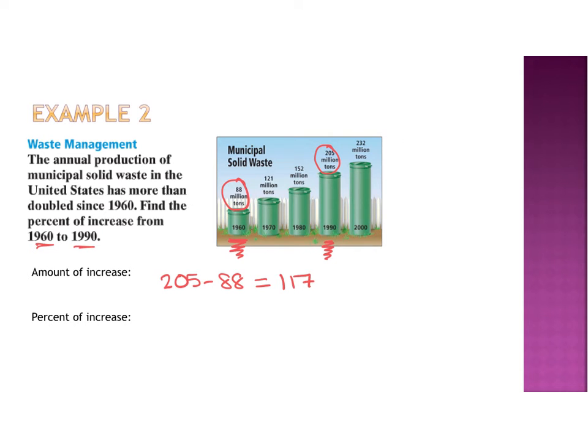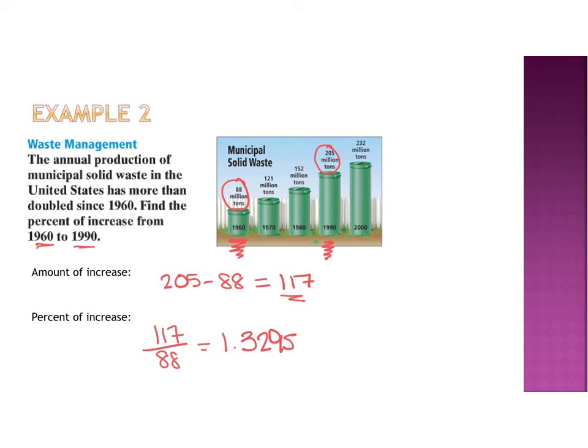Now I can calculate my percent increase. I'm going to take the amount I just calculated, which is 117, and divide that by the original amount. The original amount was the 1960 value, or 88 million tons. If I divide these out, I end up with 1.3295.